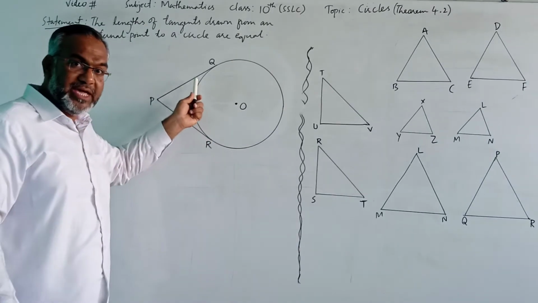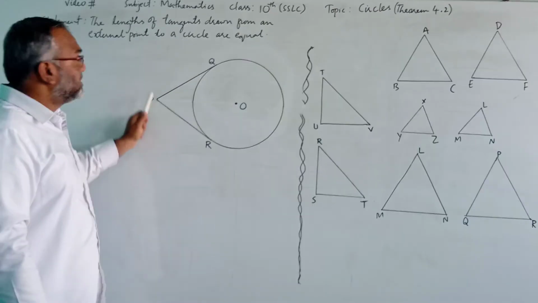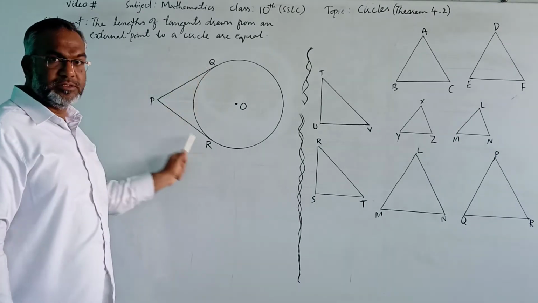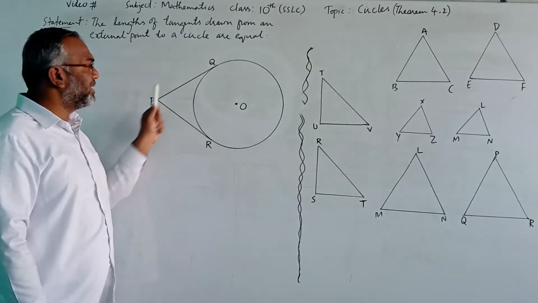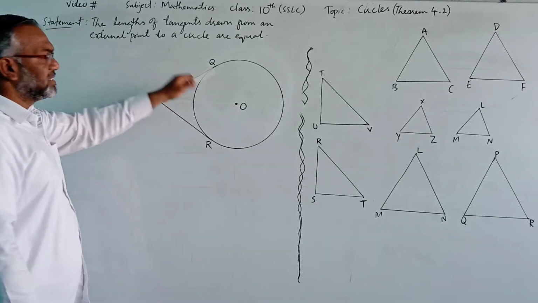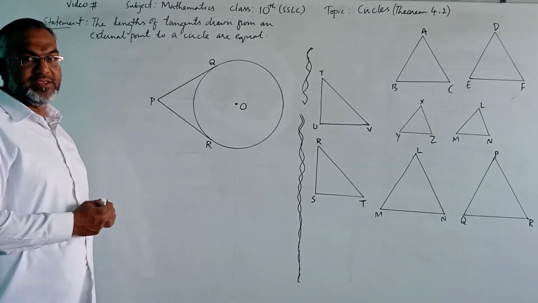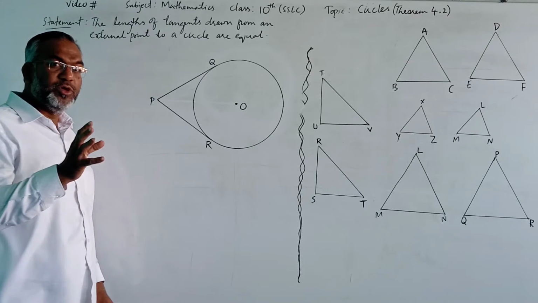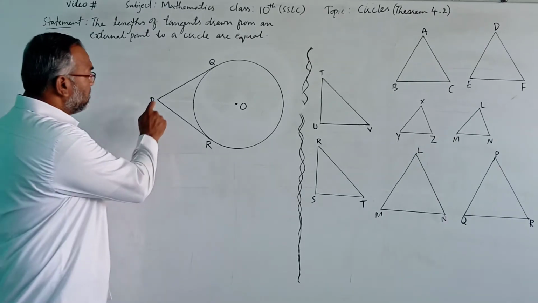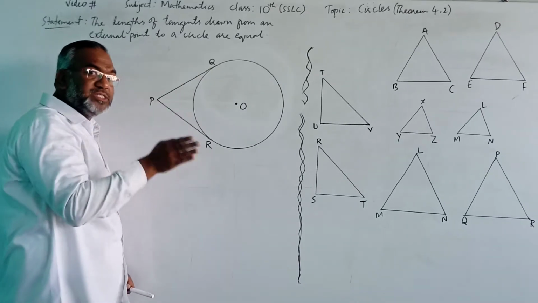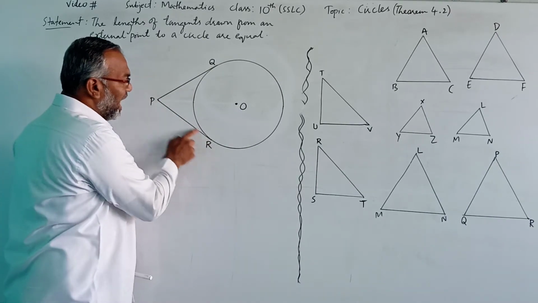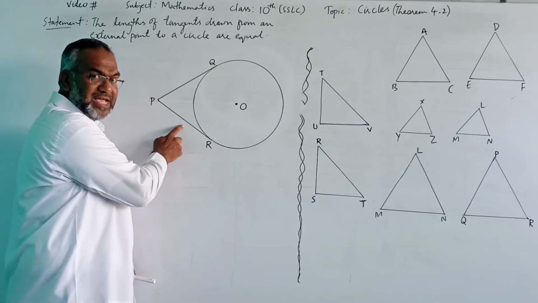And the theorem says that the lengths of the tangents drawn from an external point to a circle are equal. That means we have to show that the length of this tangent PQ is equal to PR, the length of this tangent.